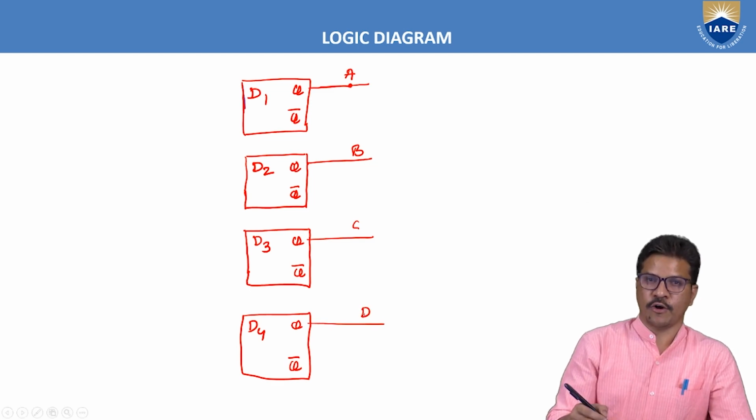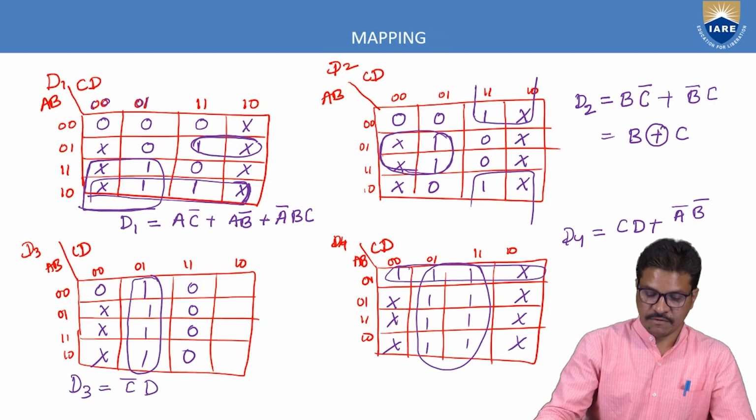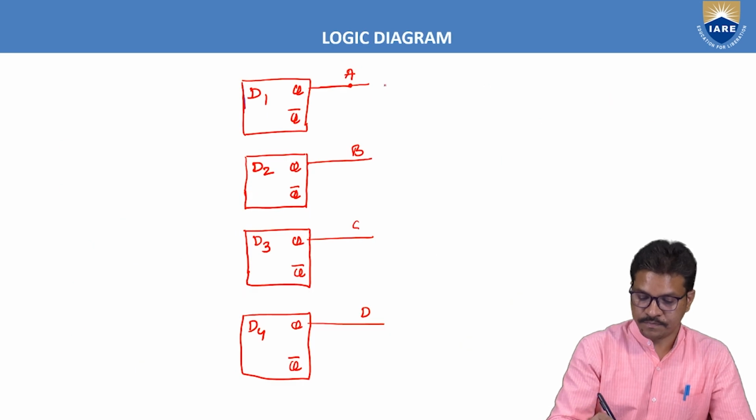So in order to create the combinational circuit, what is the expression for A? D1 input is A C bar. If it is C, it is C bar.